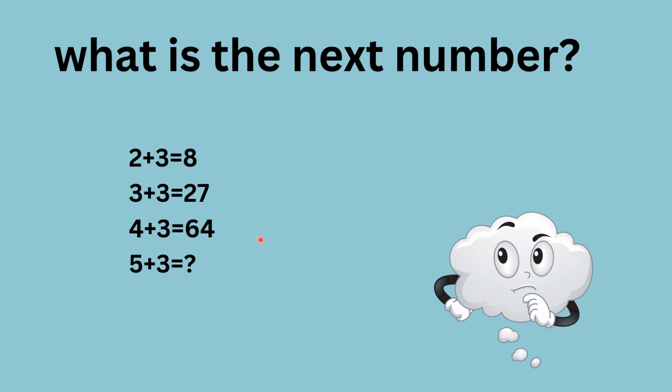Am I wrong? Maybe, probably, because as we know 2 plus 3 is equal to 5, but how is it 8? How is it possible? Or 3 plus 3 is 6, how is it 27? 4 plus 3 is 7, how is it 64? It's so odd.